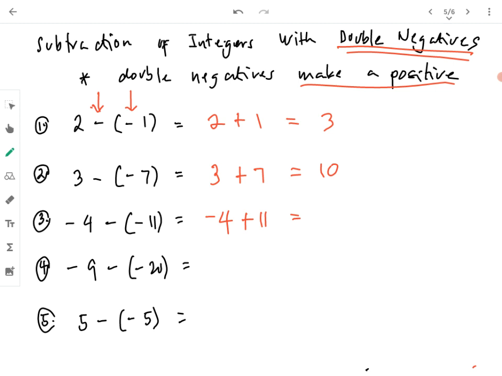Going back to the rule of addition, negative 4 plus 11, splitting 11 into 4 and 7, negative 4 and 4 make 0, we are left with positive 7. Negative 9 minus negative 20. Minus negative 20 is already a positive, so this is positive 11. 5 minus negative 5 is 5 plus 5, which is just 10.